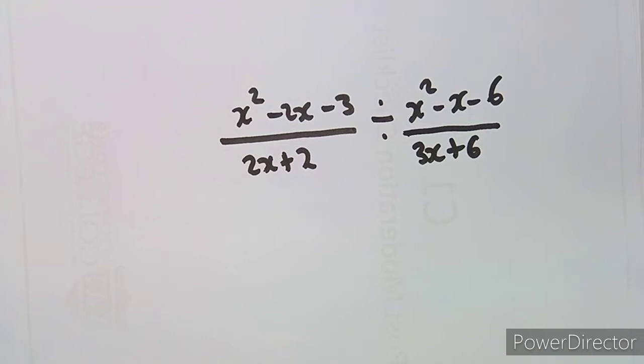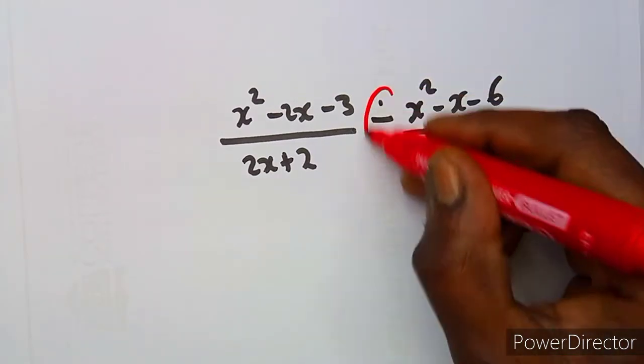So how am I going to simplify this? Yes, we know about factorization and so forth, but guys, for you not to make any mistake, first introduce multiplication and do the factorization later on.